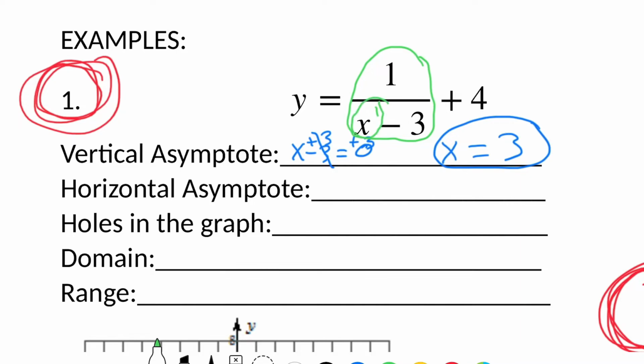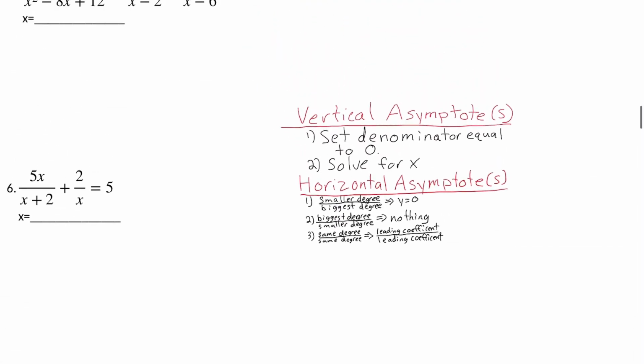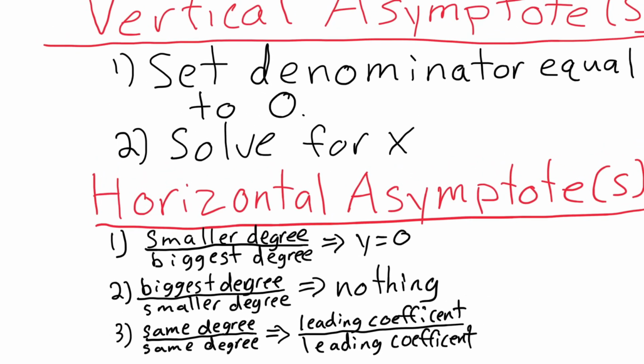So if our biggest exponent is in the denominator, which case do we have? Let's go back to what we wrote down. Biggest exponent or biggest degree in the denominator looks like case 1. So a horizontal asymptote is going to be at y equals 0.